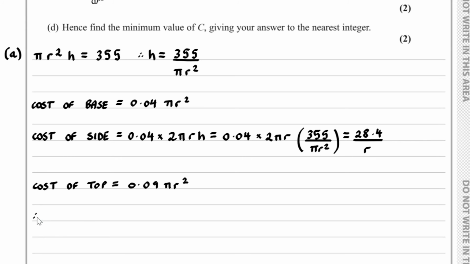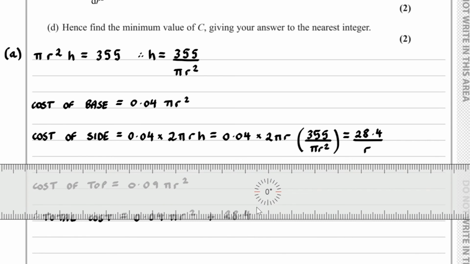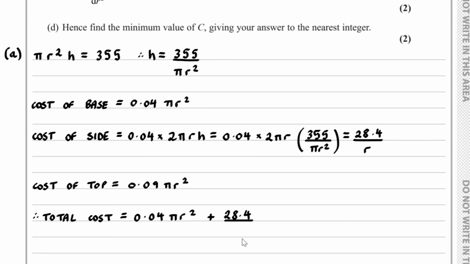And so therefore, the total cost, I've got the cost of the base, 0.04 pi r squared, plus the cost of the side, 28.4 divided by r, plus the cost of the top, 0.09 pi r squared.